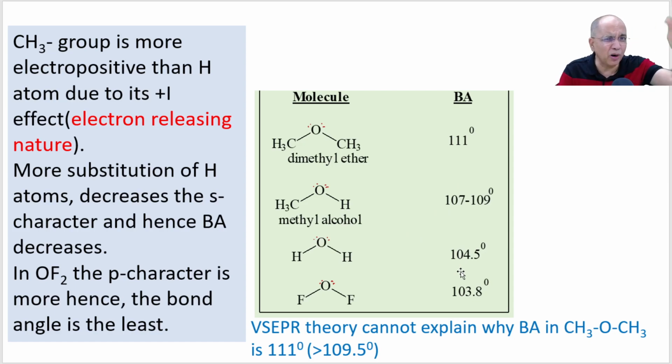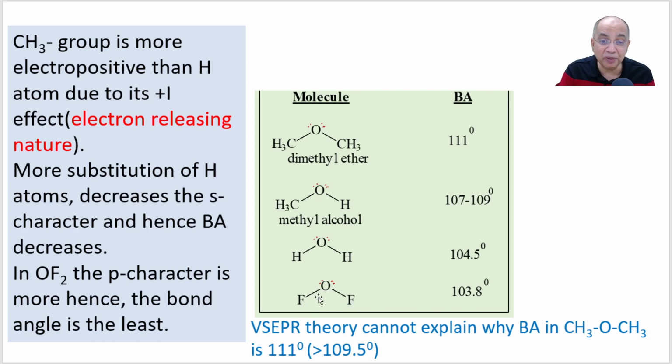Let us not talk about VSEPR at all. Talk about Bent's rule. How the bond angle goes below tetrahedral because the s character is less. Of course, in OF2, fluorine is much more electronegative than hydrogen. So the p character will be more, s character will be still less.